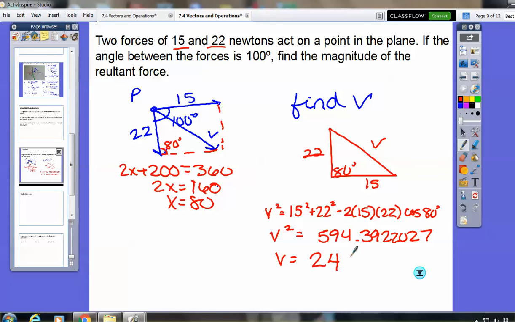What would my label be? Newtons. So the magnitude, or the length of that side, is just 24 newtons.